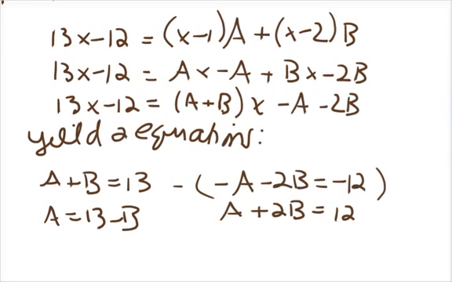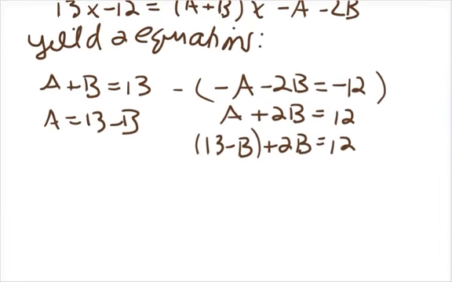And substituting that into the equation, over here I get 13 minus B plus 2B equals 12. Solving that, you get that B is equal to minus 1. Therefore, A is equal to 14.